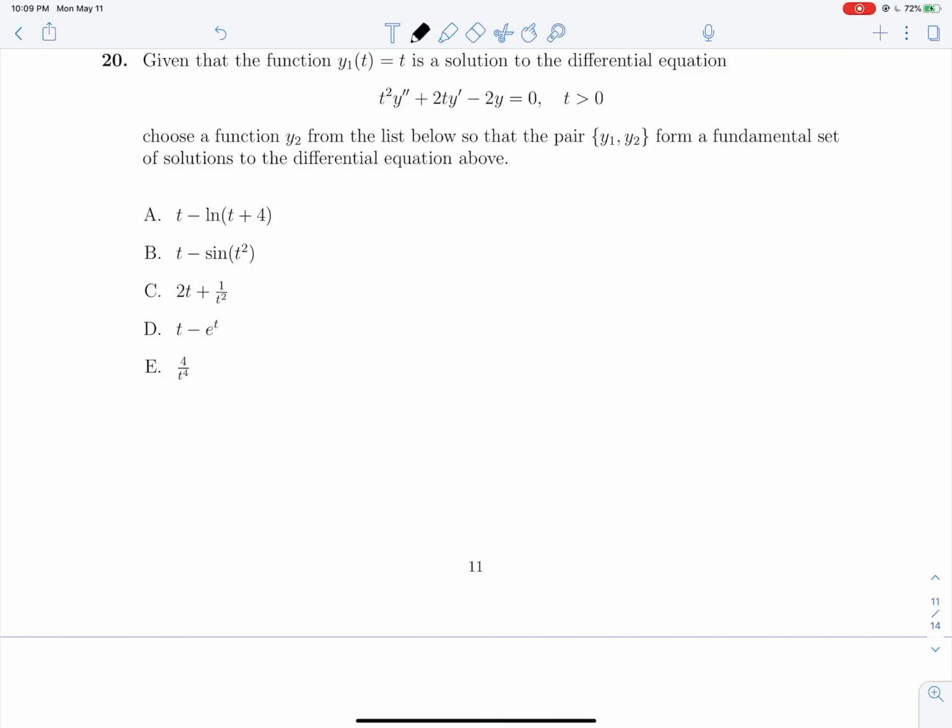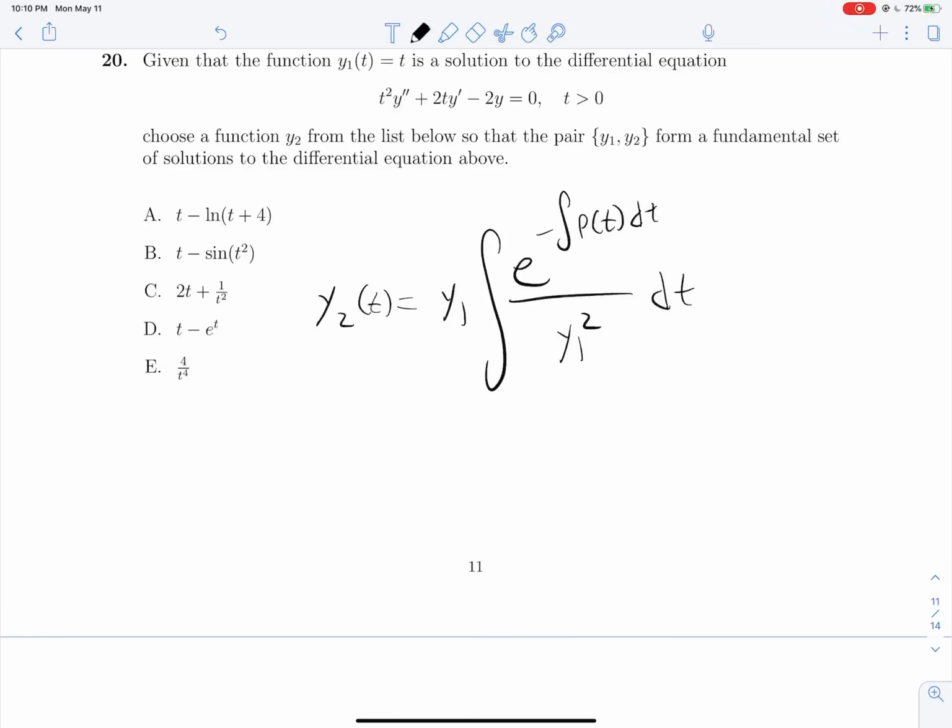Given that the function y1 of t is the solution to this differential equation, we are doing reduction of order, finding the second fundamental solution here. So reduction of order says that y2 of t is equal to y1 multiplied by the integral of e to the negative integral of p of t dt over y1 squared dt, where p of t is whatever function of t is connected to y prime, so long as the coefficient on y double prime is 1.